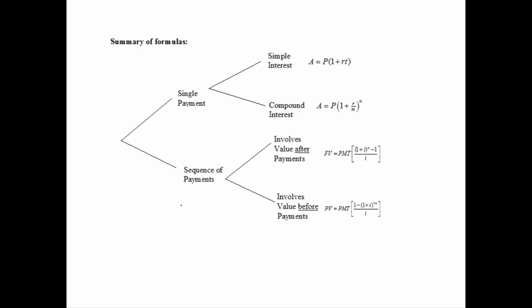Ask yourself, is the large lump sum I'm concerned with occurring at the beginning, before the interest is accumulated, or at the end, after the interest is accumulated? If after, you use the future value formula. If it's before, you use the present value. If you don't have any periodic payments going on, then you've either got simple interest or you have compound interest. In other words, ask yourself if your money is being compounded periodically.